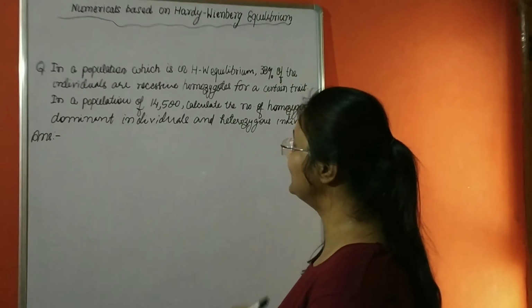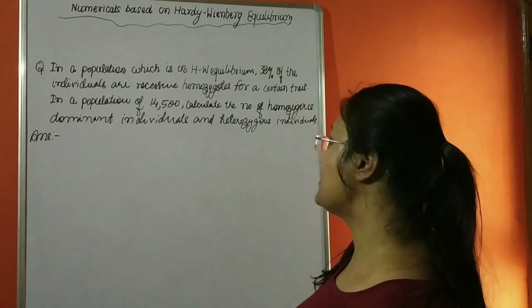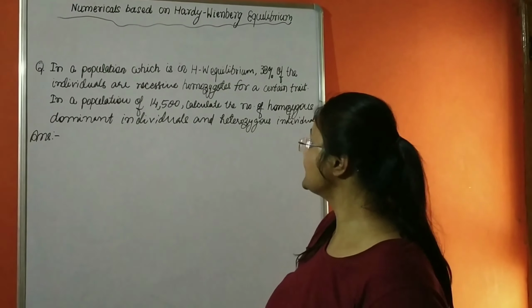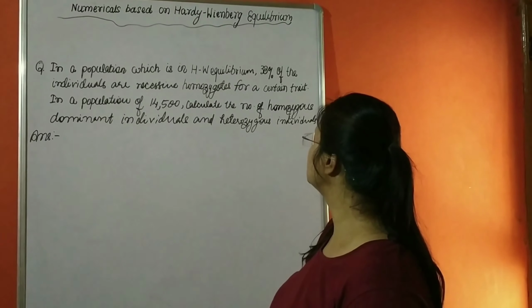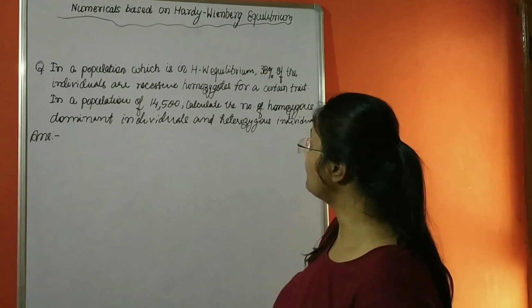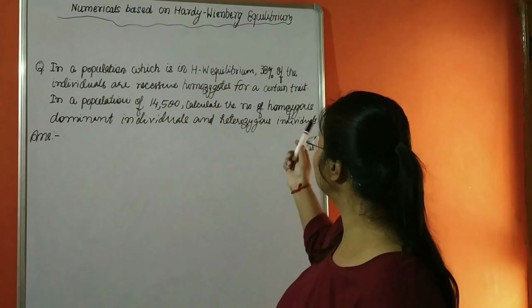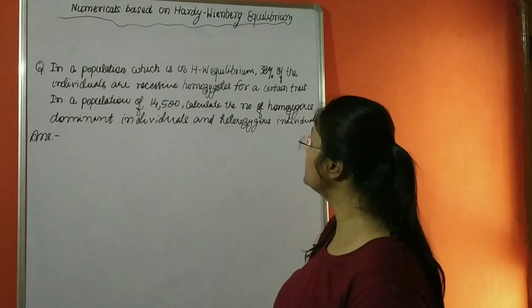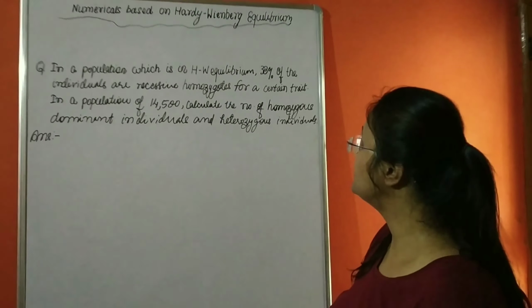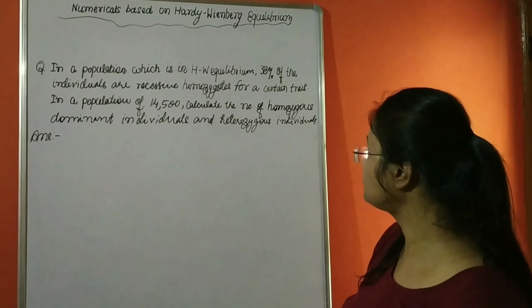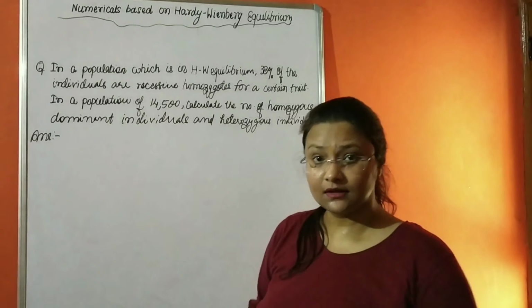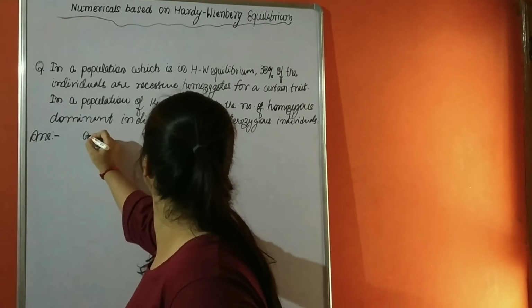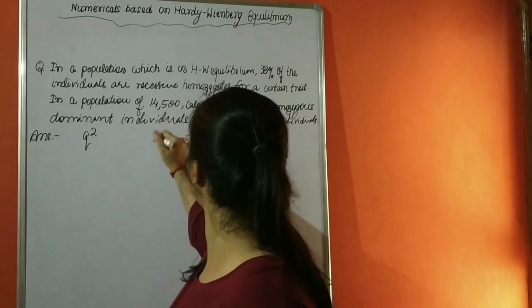Students, now let us solve this problem. In a population which is in Hardy-Weinberg equilibrium, 38% of the individuals are recessive homozygous for a certain trait. In a population of 14,500, calculate the number of homozygous dominants and heterozygous individuals. So we know that 38% are recessive, so this is q square, because this is for homozygous recessives.